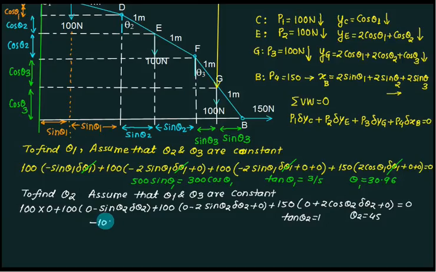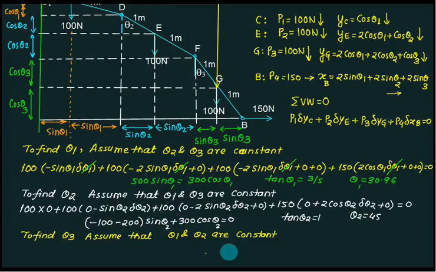Plus 100. This one is minus 200 sin theta. This one is 300 cos theta. Do this, what do you get? The first term is 0. P1 delta y is 0 because y is 0. Only this term is left, that is equal to what? 100 minus sin theta 3 into del theta 3, plus 150.